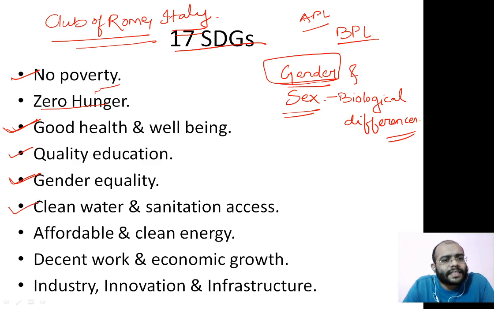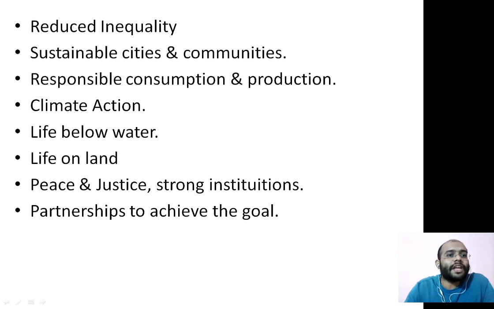Clean water and sanitation access is the sixth one. Then affordable and clean energy, decent work and economic growth, industry, innovation and infrastructure. Reduced inequality. What does this inequality talk about? We have talked about gender equality.